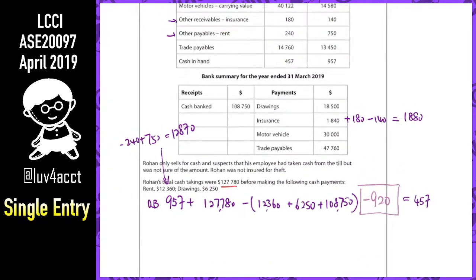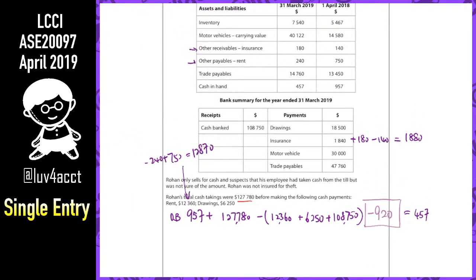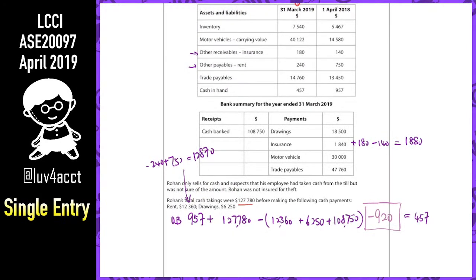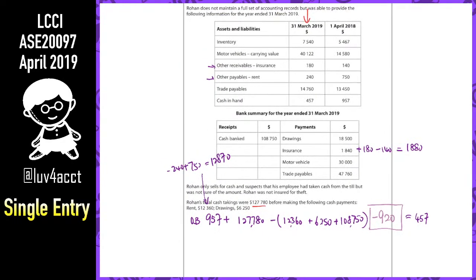Let me check one more time. Minus payment, receivables. Oh yeah. I've told you, okay, very dangerous because closing balance is here. Closing balance. So I mix up these adjustments. Okay.